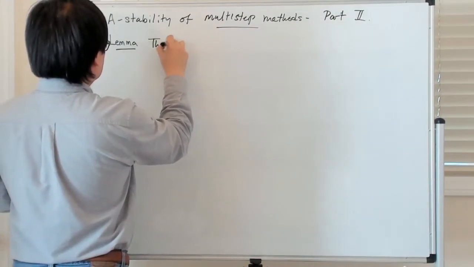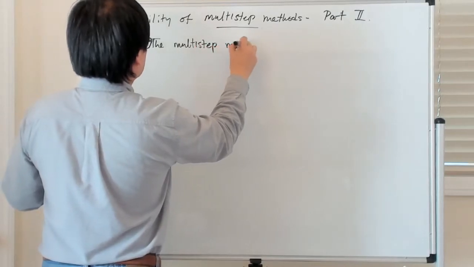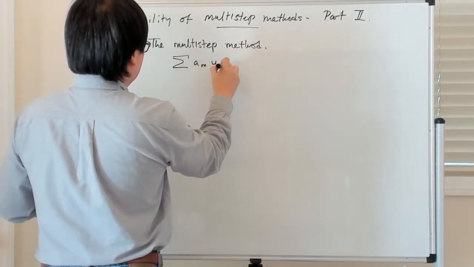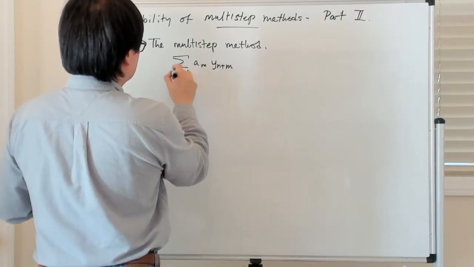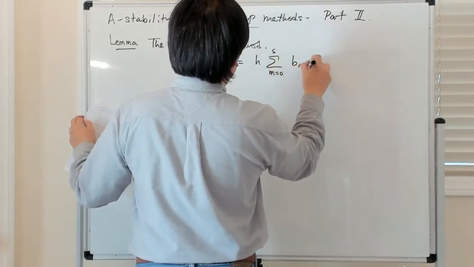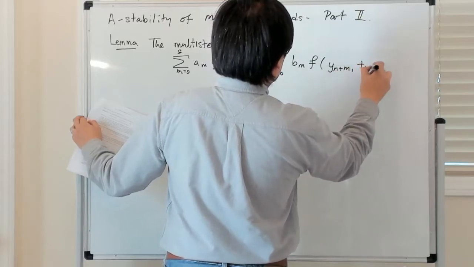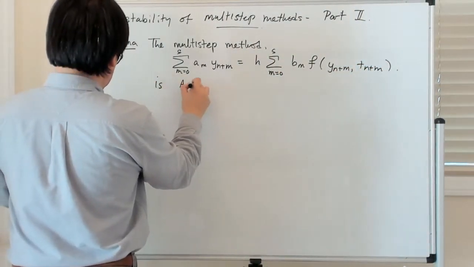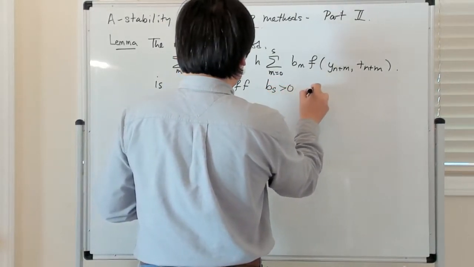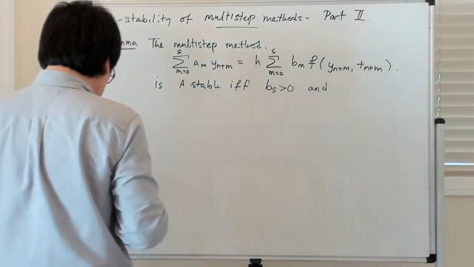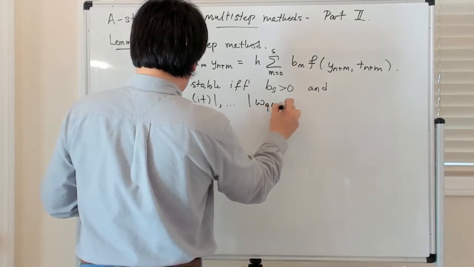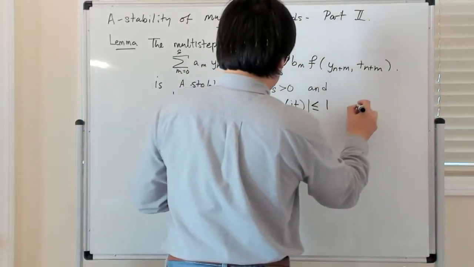The lemma is as follows. The multi-step method, just to remind you what it is, the sum of a_m y_{n+m}, m goes from 0 to s, is equal to h times the sum from m equals 0 to s of b_m f evaluated at (y_{n+m}, t_{n+m}), is A-stable if and only if b_s is greater than 0 and the modulus of w_1(it) all the way up to w_q(it) is less than or equal to 1 for t in the reals.